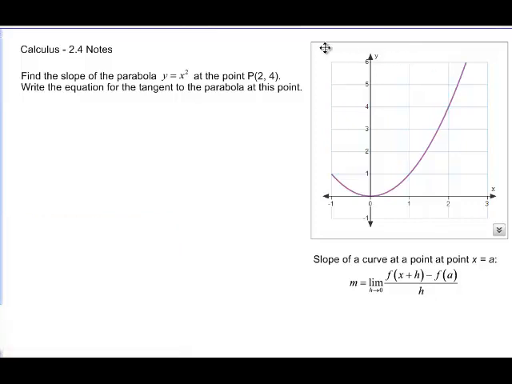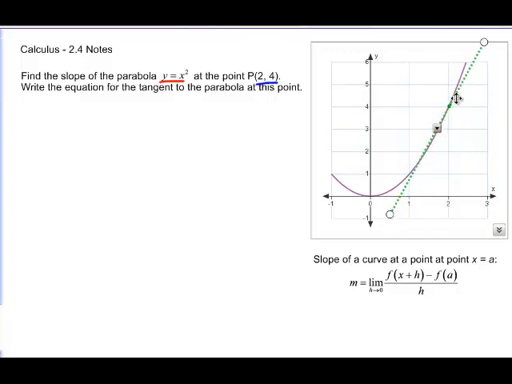So if you look at our graph right here, we do have a specific equation, y equals x squared. We do have a specific point, 2 and 4, and we've got a graph. So we know at the point 2, 4, right there, we want to have a tangent line that looks something like this, where it touches that graph in just that one point.